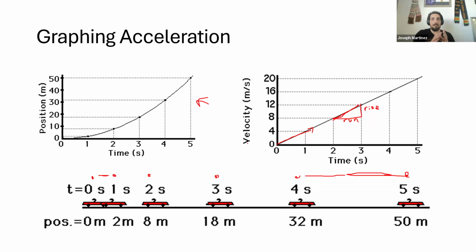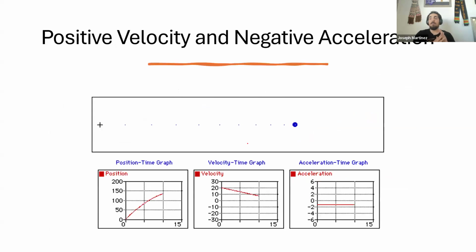When we take a look at an object that has positive velocity and negative acceleration, we can see the position versus time graph curving, starting off with quite a steep slope and ending with a shallower slope. So we have a position versus time graph that still has a curve, but it is curving to be more downward over time.